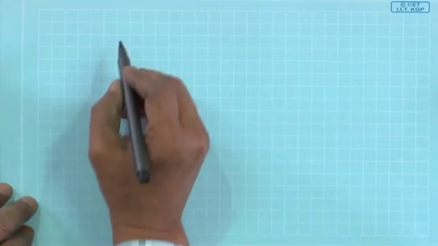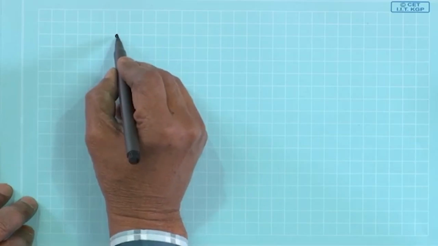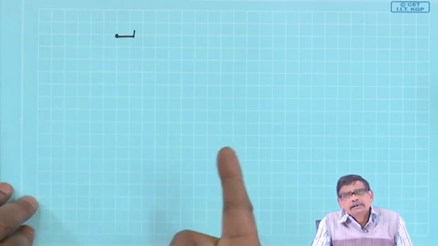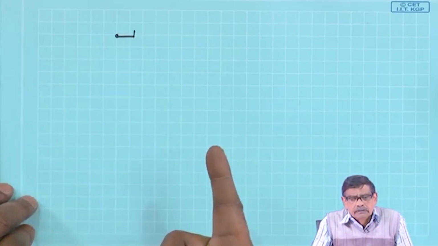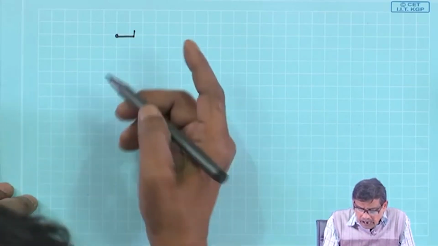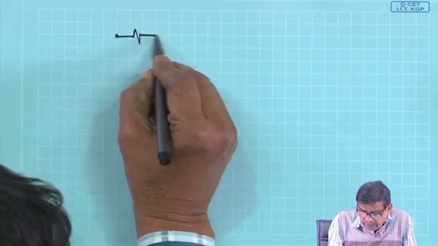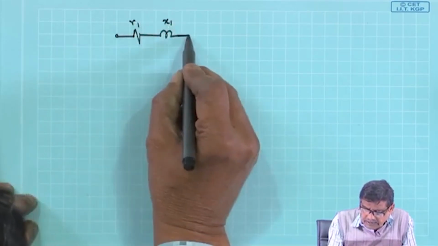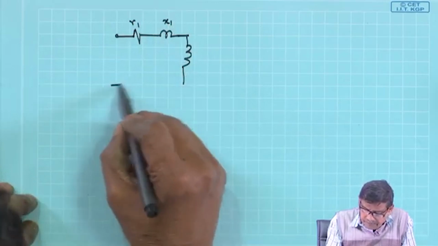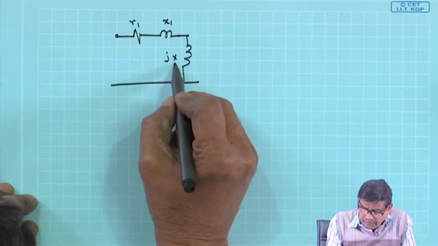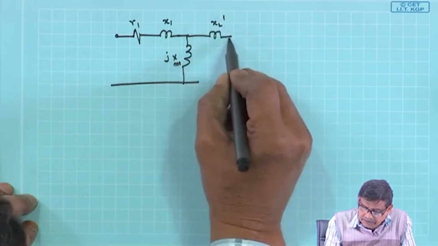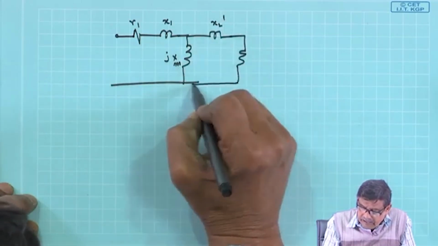Now, when I draw the equivalent circuit of a 3-phase induction motor, will the same equivalent circuit be valid? I will say yes, it will be. This is R1, X1, this is your Xm, and this is your X2 dashed and R2 dashed.